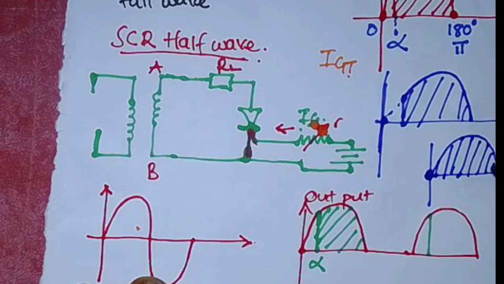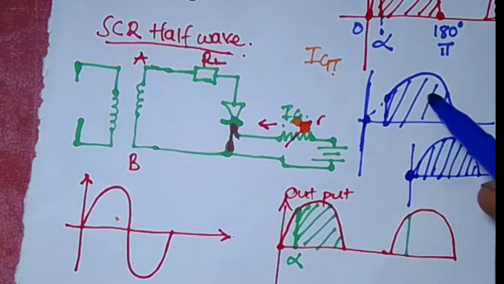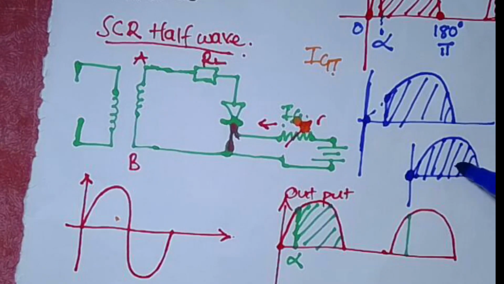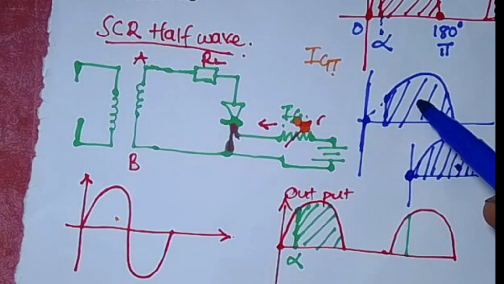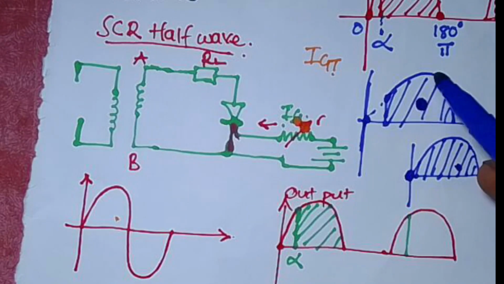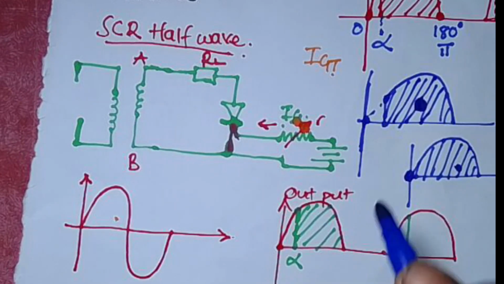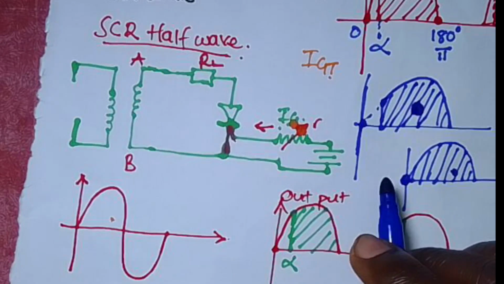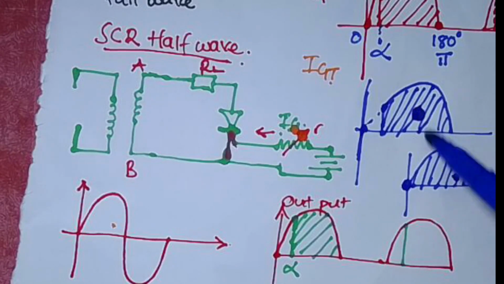This one was having power for the entire half. This one has it for only a portion, meaning the power contained in this is greater than the power contained in this. I don't know if you can see that. This is where the SCR has superiority over other rectifier devices, because it can control the power in the output of these two devices. Are we together there?